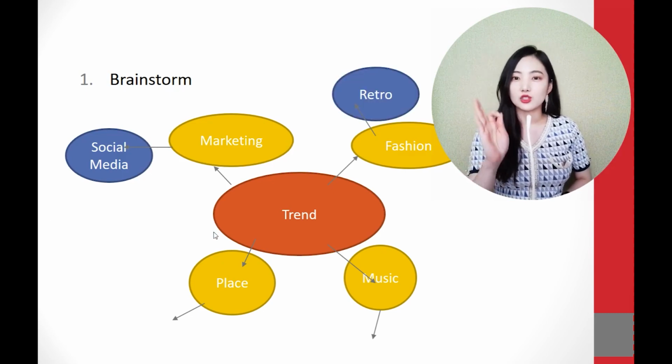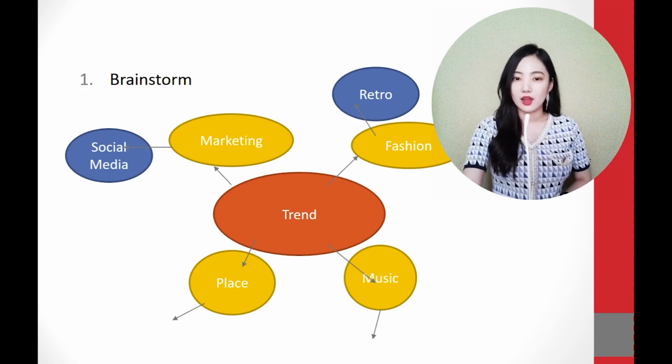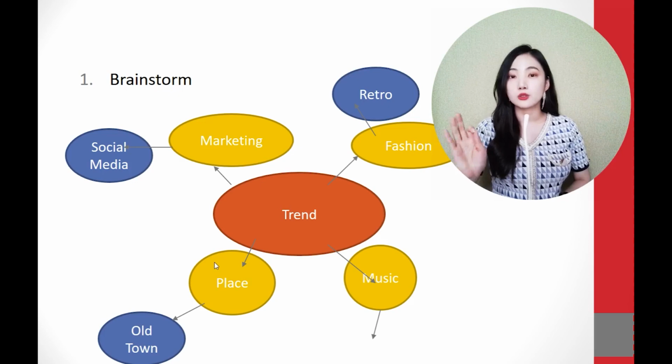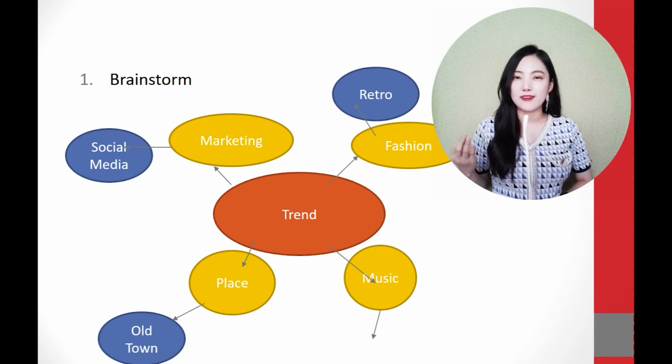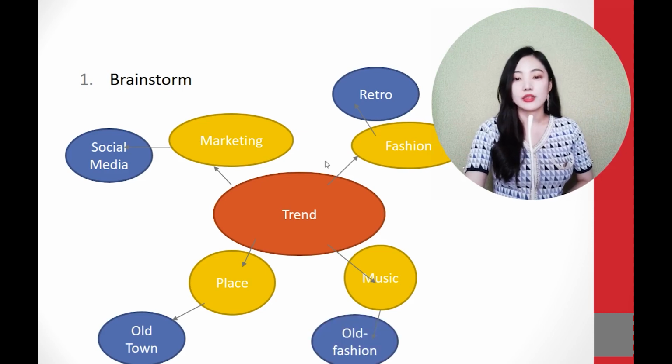Fashion. These days, retro is very popular and fashionable. So I wrote retro. What about place? Old town. It's getting popular. So some fancy places in Gangnam or Cheongdam are popular. But some old towns in Seoul are also getting popular. Next one, it's music. Old-fashioned music.